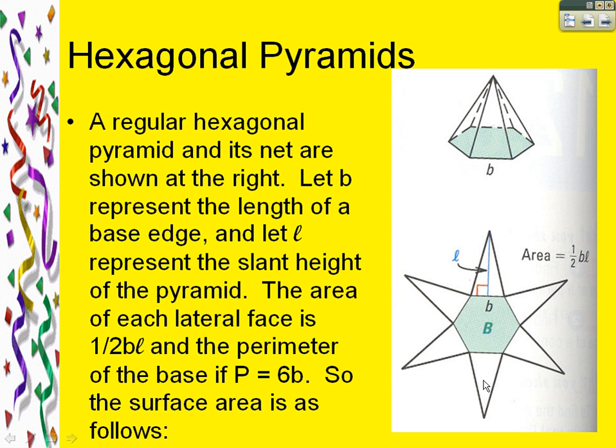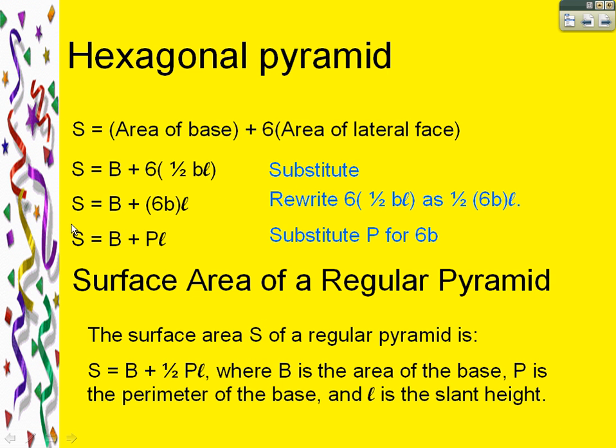Yeah, if I found one of those triangles, I could just multiply by 6, right? And then find the area of that regular hexagon. And it might be a little bit of a challenge, but I could do it that way. It'd be fine. But let's go ahead and do this one using our formula.